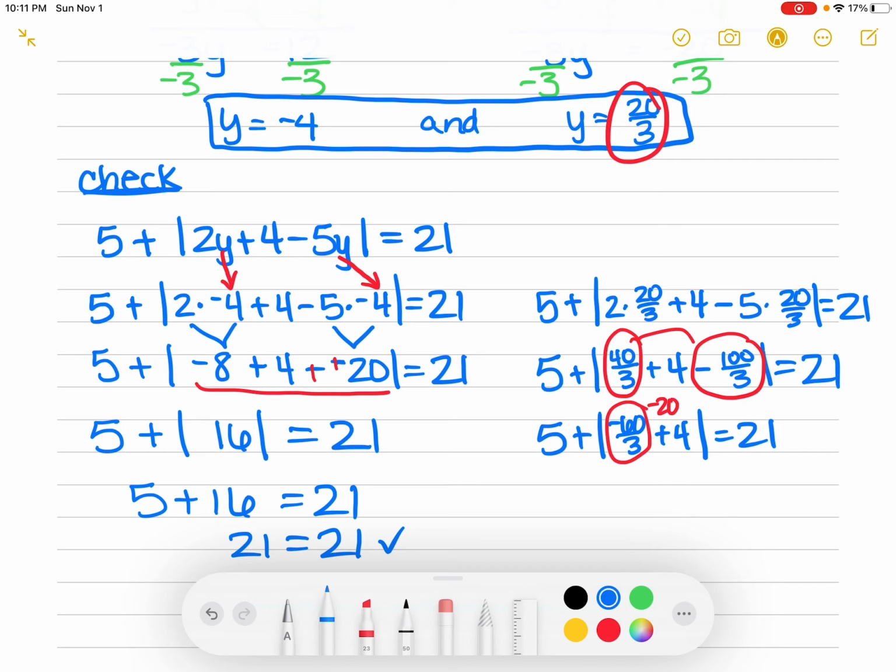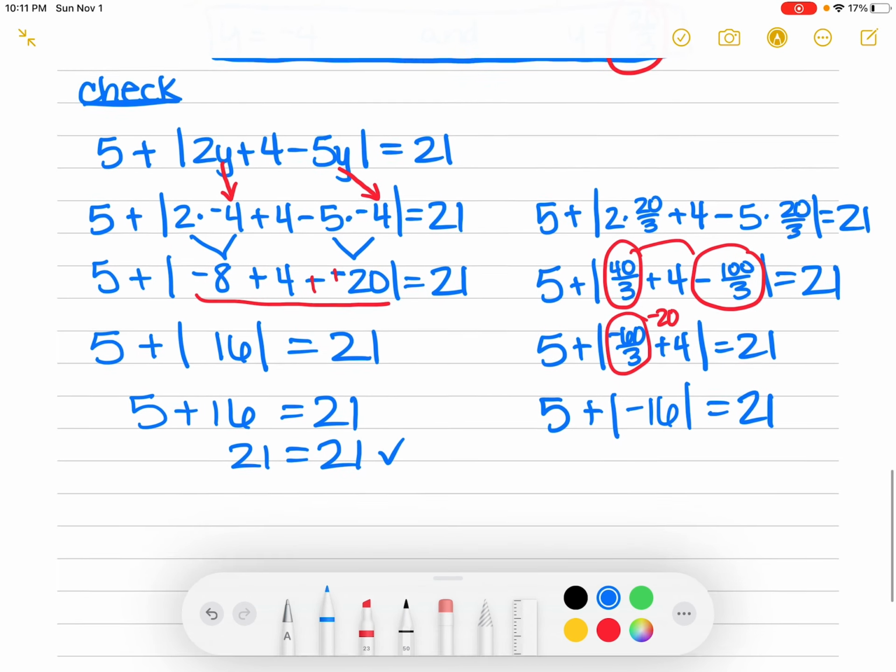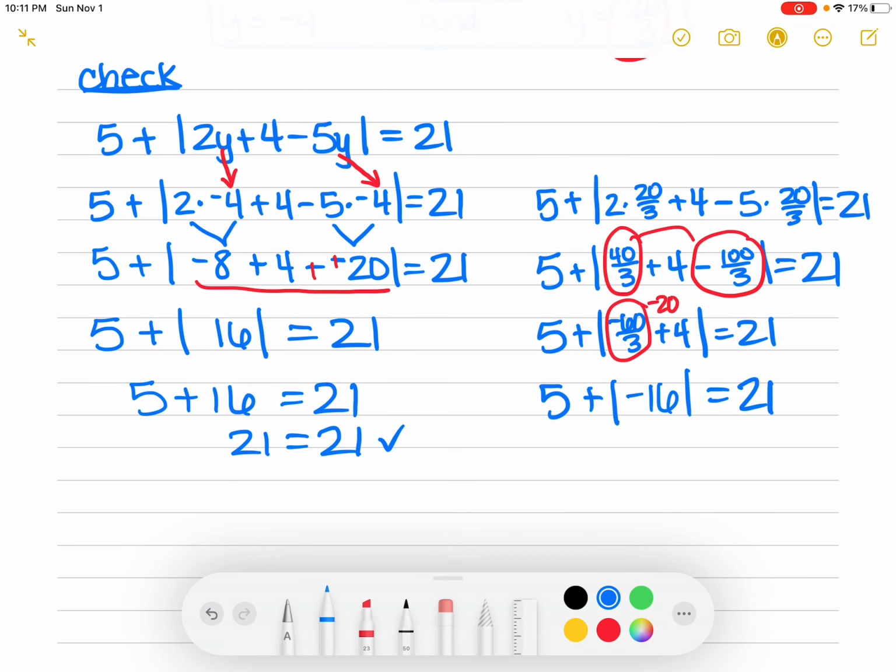So now I have negative 20 plus 4, which is negative 16. But when I do my absolute value, that comes out to a positive 16. And 5 plus positive 16 is 21. So both of my checks worked.